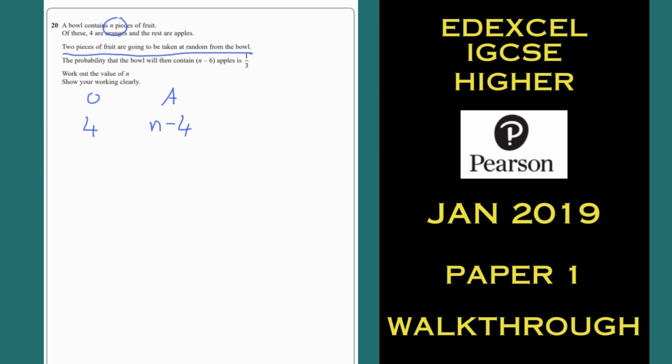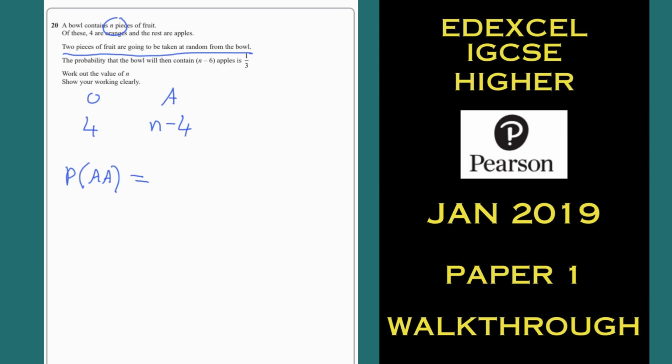Probability, as you can see, it will then contain n minus 6 apples. So it's gone from n minus 4 to n minus 6. So it's given us the, not obvious, that we are looking at the probability of apple. Because we have to pick 2 apples to knock the number of apples down to n minus 6.